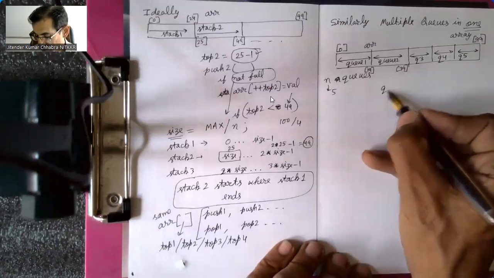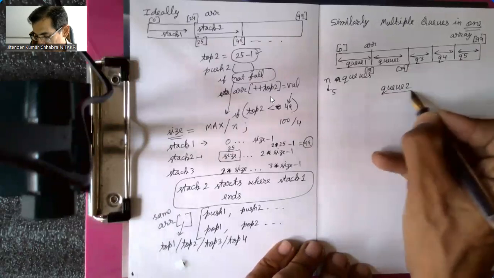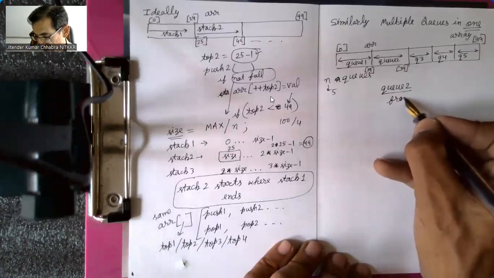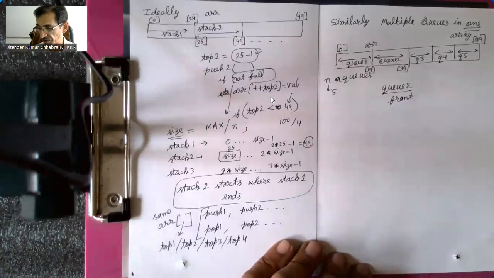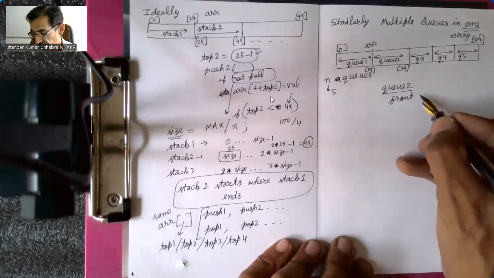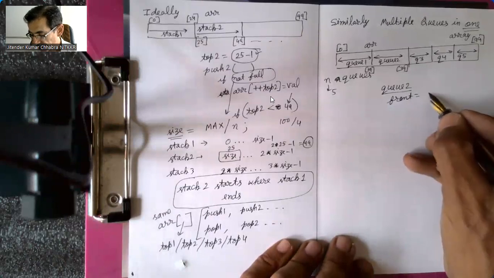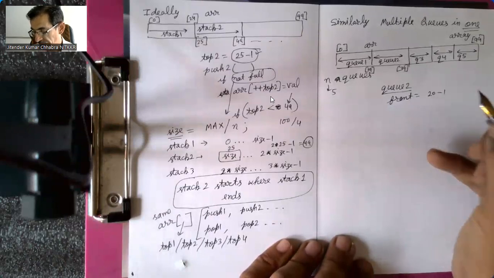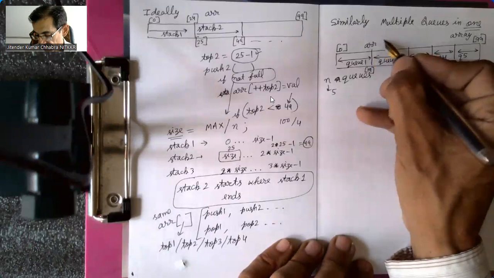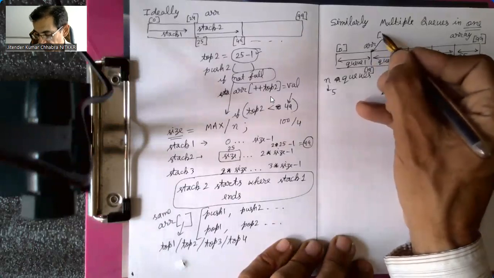For example, for Q2, my front and rear are to be initialized. If they are not circular queues, if they are normal queues, earlier I used to have front as -1. Now effectively it will be 20 minus 1. This is my boundary 20.